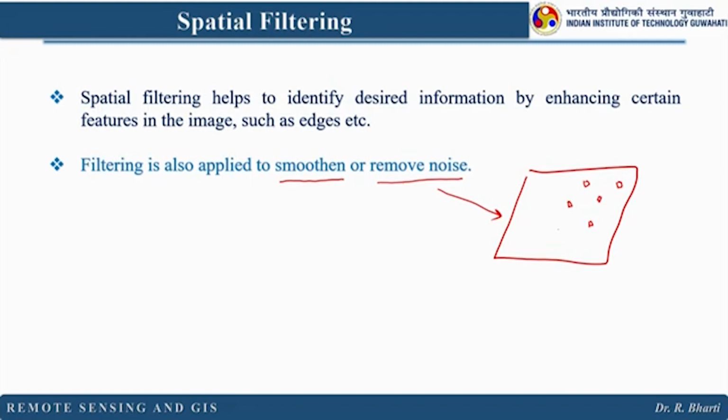Then you can smoothen the image so your data will be of smaller file size. Such things you have to take care of when working with data for a particular objective.